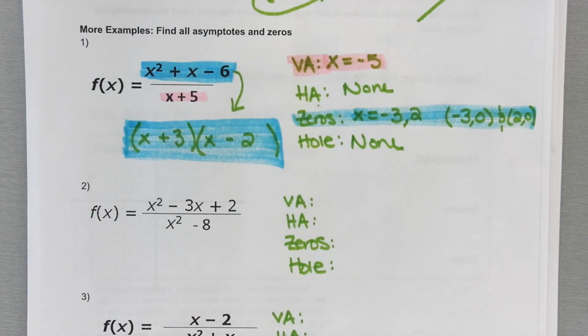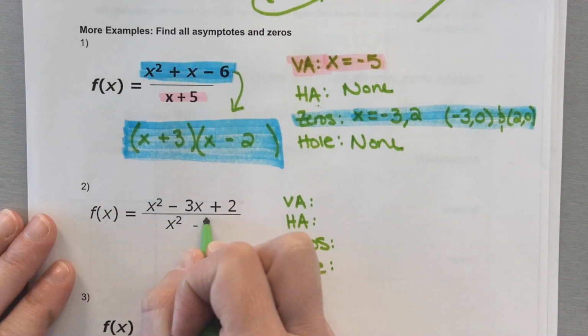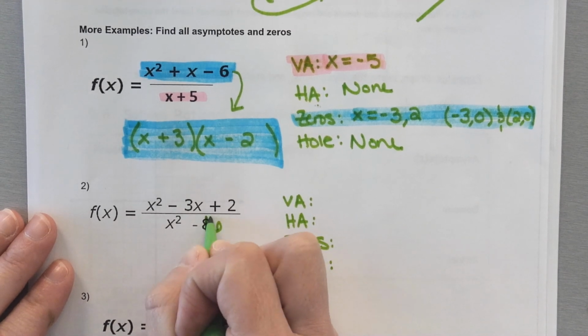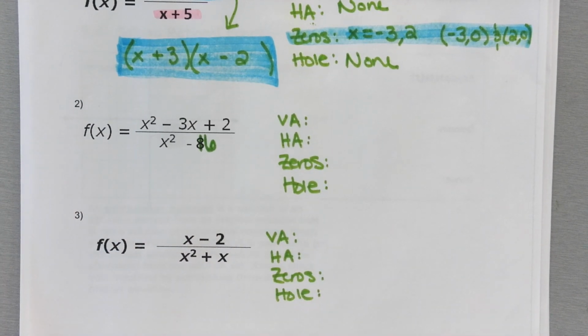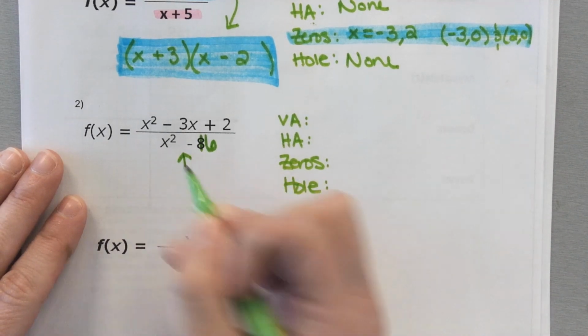Let's go to number 2. Oh, I think this is supposed to be a 16. Make this into a 16. It was supposed to be a nice number. All right, vertical asymptote first. Vertical asymptote comes from where? The bottom. So let's look at just the bottom.